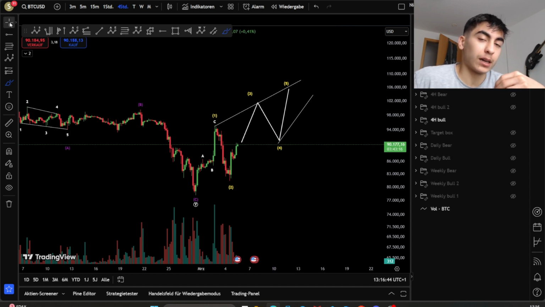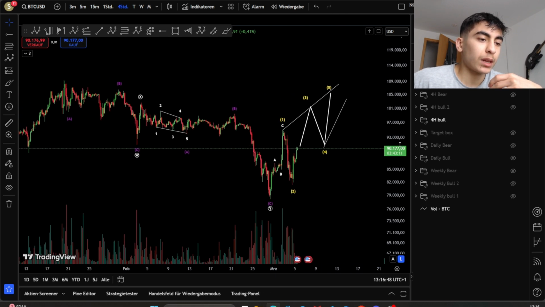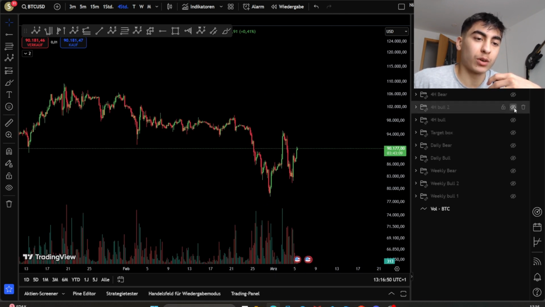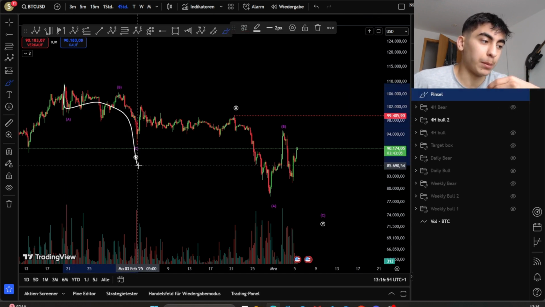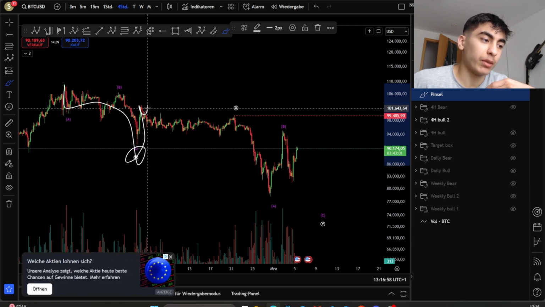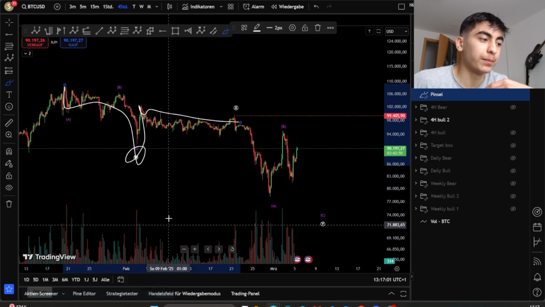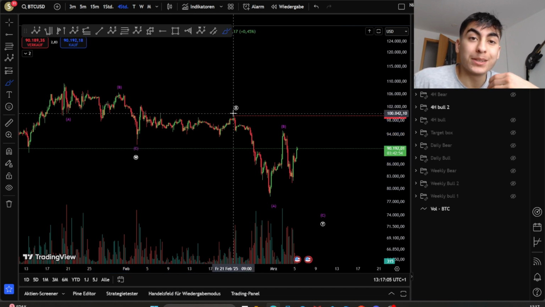But this is a scenario we need to look at right now, because the other scenario we have is pretty much only this one, where we take out all-time highs. We're looking again at an ABCW, but instead of putting your wave X up here, we are putting it here, which is absolutely fine. But with putting your wave X here, we need an ABC to the downside, which is not yet finished.